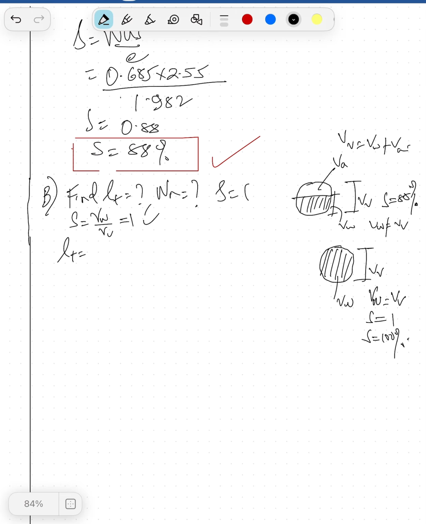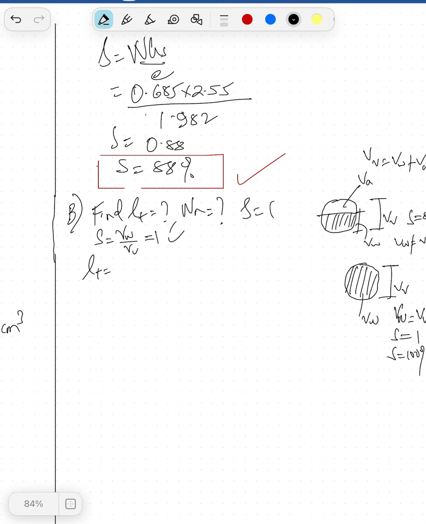Total density equals total weight over total volume, which is the total mass over total volume: mass of solid plus mass of water over total volume. So how do we obtain this total mass?